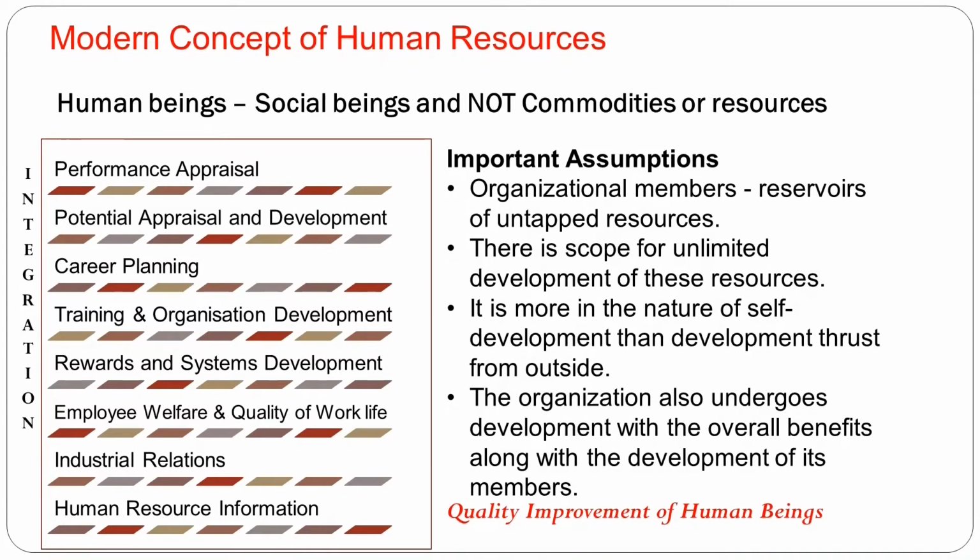The second underlying assumption is that there is scope for unlimited development of these resources. When you know that your members have a hidden potential, once you identify that hidden potential, yes, you can train them in those areas, and there's a huge scope of development in these areas.